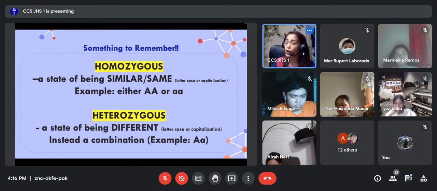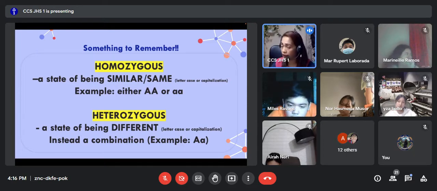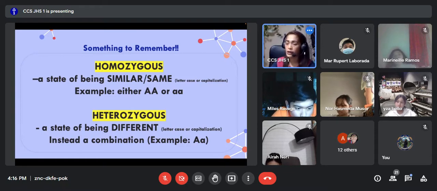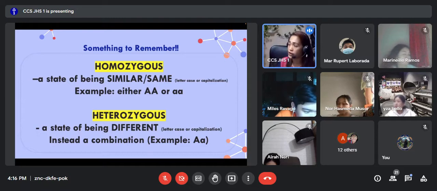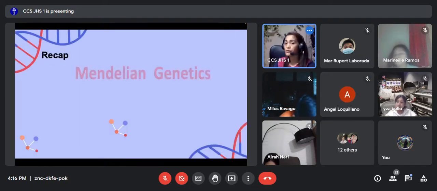So in this case, you only have one possible representation: a combination of the capital letter A and small letter a. All right, so hopefully that's clear to everyone. We have already recapped trait and allele, phenotype and genotype, and homozygous and heterozygous.